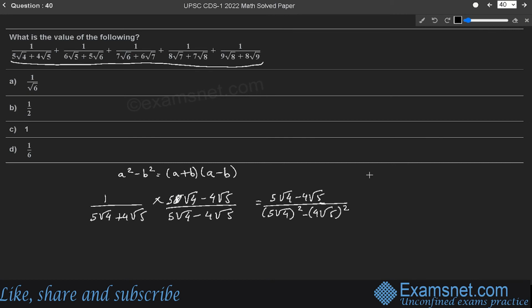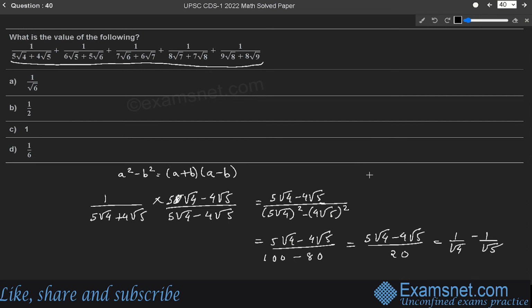On further solving, it will be equal to 5 under root 4 minus 4 under root 5 upon 100 minus 80, which gives 5 under root 4 minus 4 under root 5 upon 20, which is equal to 1 upon root 4 minus 1 upon root 5. So the value of the first term is 1 upon root 4 minus 1 upon root 5.